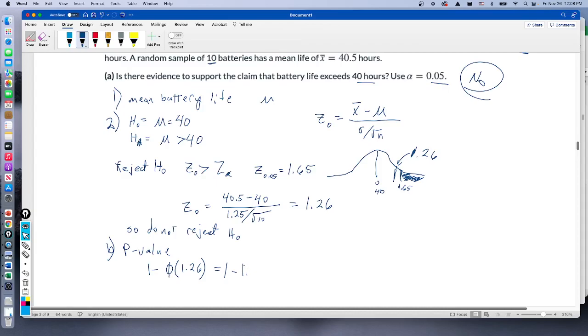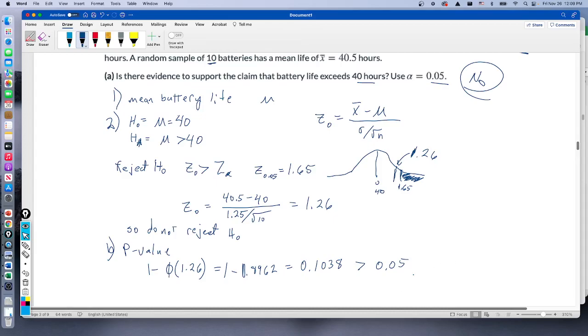Oh, sorry, can't have 1, that'd be 100%, right? 0.8962. And when you subtract that from 1, you get a p-value of 0.1038. And again, that's greater than our alpha value. We need to be smaller than 0.05 to reject. We're larger. So this also confirms that we do not reject.